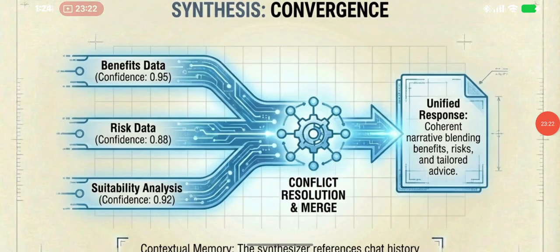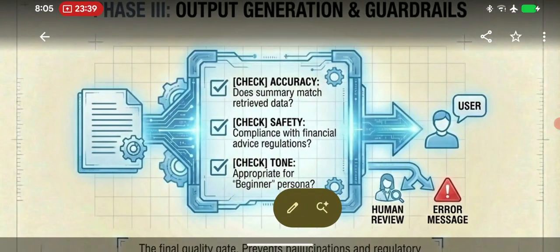Whatever has been mentioned here is with the help of an example, but when we look at the dynamic generation of such agents, we will see how this is dynamically created and executed in the next video.